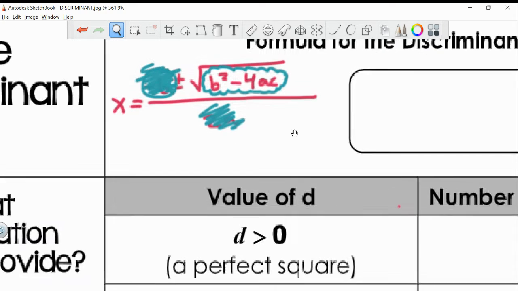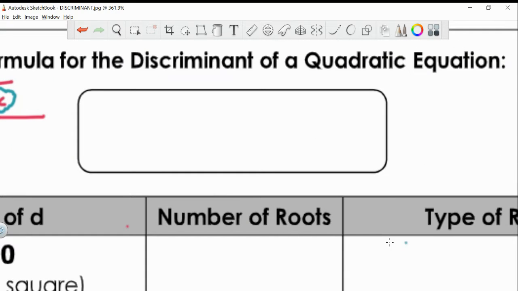And so the discriminant is little d equals b squared minus 4ac. It is literally the same thing that is on the inside of the square root of the quadratic formula. And that is because this part right here tells us if we're going to have real answers or not.